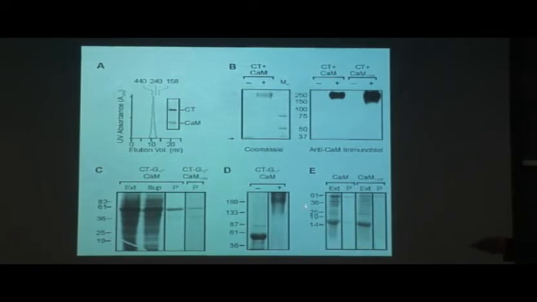This material can be cross-linked to form a tetramer, as shown here. It doesn't prove that it's only one, but it suggests with these other experiments that the stoichiometry is probably 1-to-1.